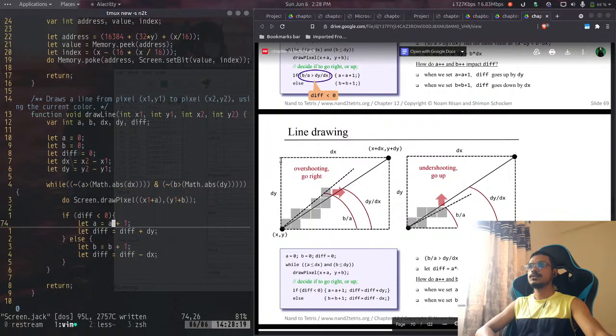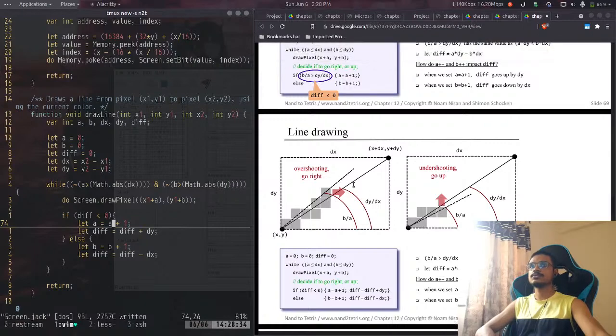Dx and dy is this length, right? And a and b will be the values which we will be adding to this point to get these particular vertices, not indexes.